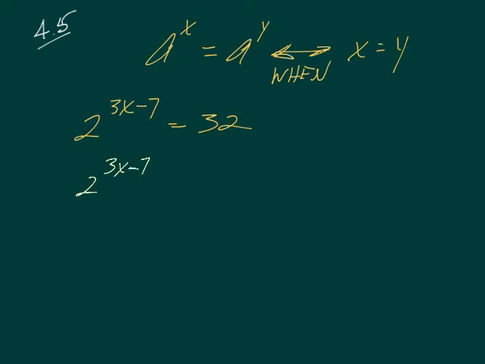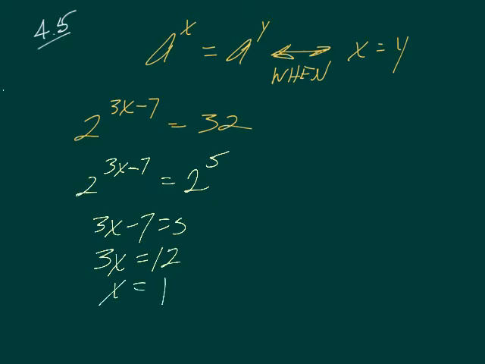So I can write, instead of 32, I can write this as 2 to the 5th power. So now that my bases are the same, I can say 3x minus 7 equals 5, 3x equals 12, x equals 4. So I can go ahead and solve that because I was able to change my 32 to 2 to the 5th power.